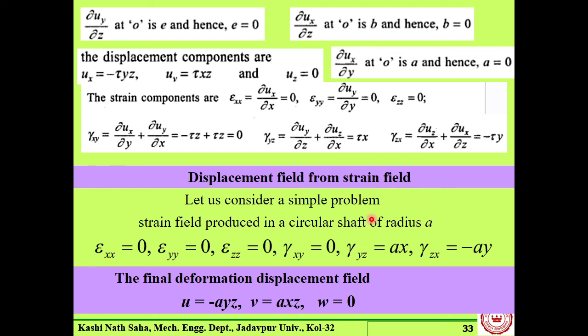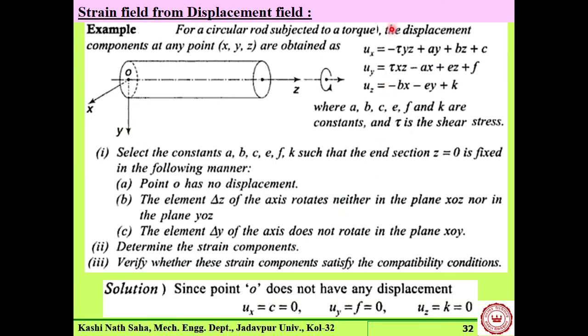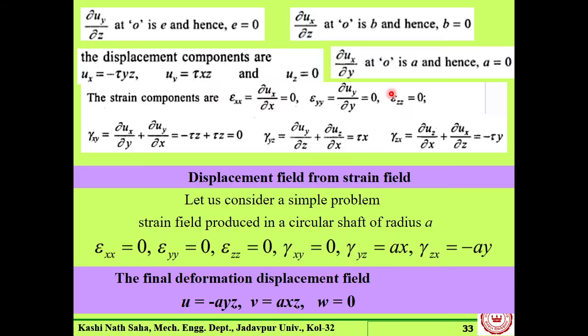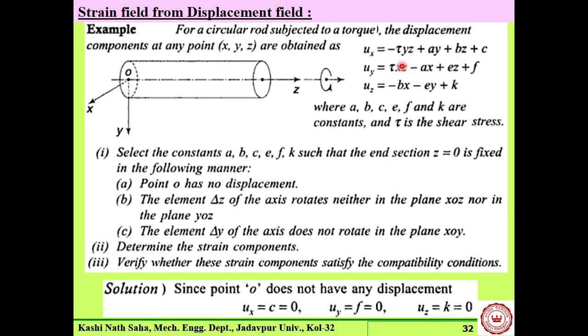Now our problem is to get back this u, v and w field, say ux, uy, uz, from this strain field. If we carry this out, we can obtain particular values of u, v, w from this, but what is missing here is these constants, right?